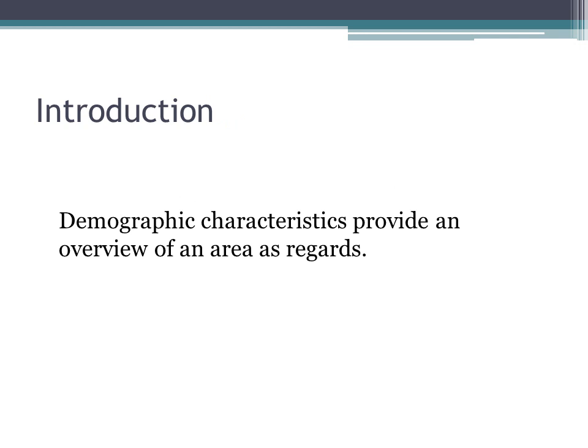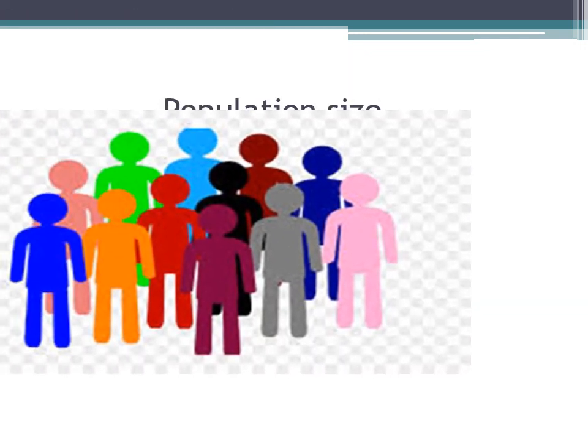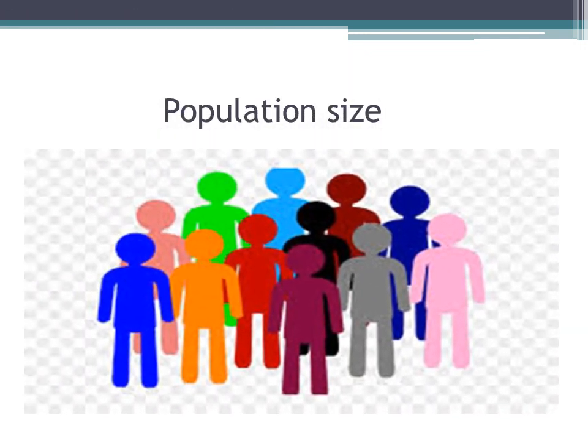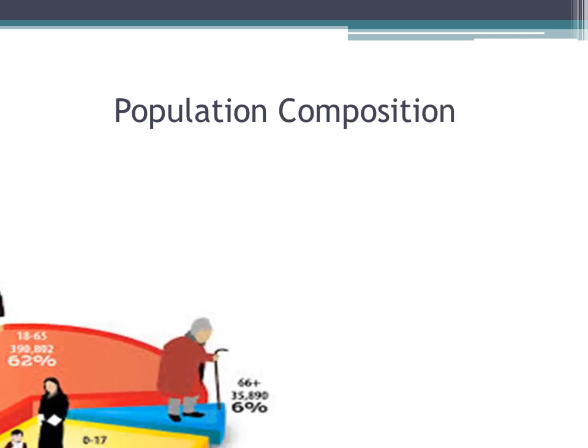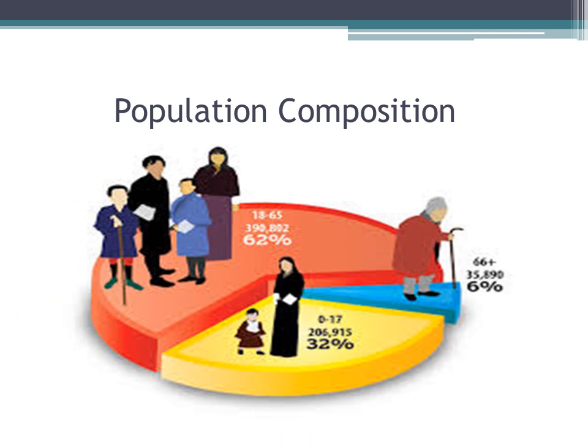Now, coming to the demographic indicators. Demographic characteristics provide us with an overview of an area as regards the population size, which means the number of people living in a country during a given year. Then about the population composition, which means the distribution of population according to sex and age.